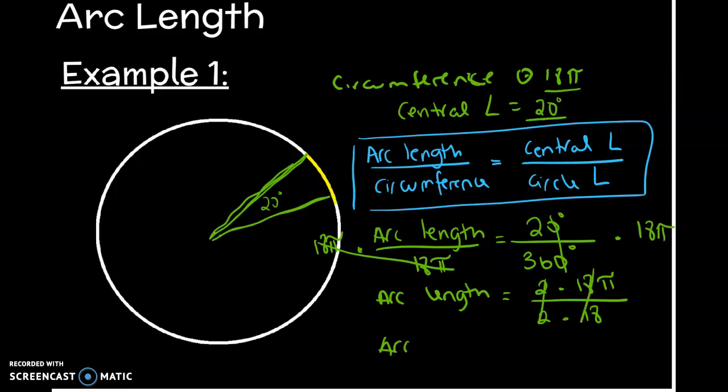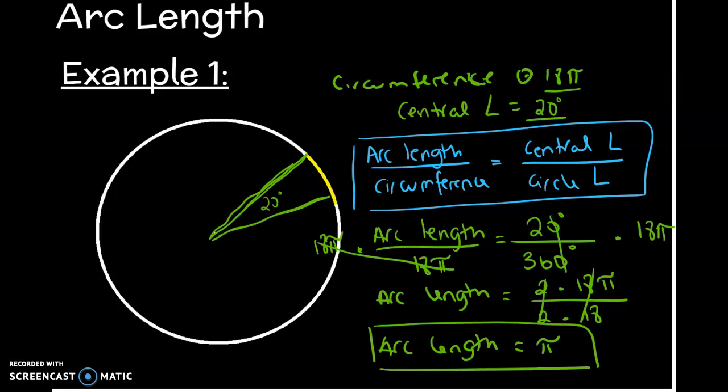So the arc length for this particular problem is just going to be pi. Again, keep in mind the circumference was 18 pi, but if I'm just looking at the piece of the circle with a central angle of 20 degrees, this arc length right here is only pi out of the entire circumference. So that would be the measurement for that.